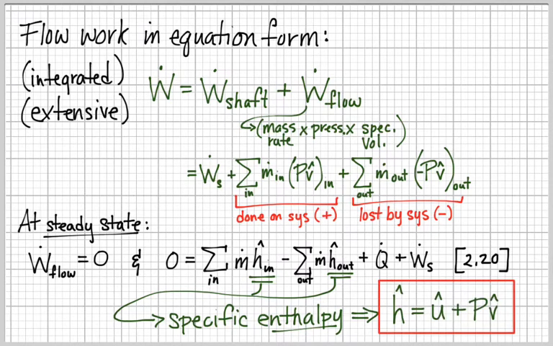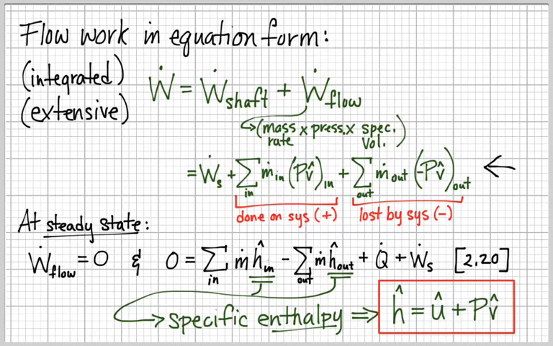So I've taken the equation right up here for shaft work plus mass flow rate times pressure times specific volume, and I've bundled together that PV term to be grouped together as something called specific enthalpy.